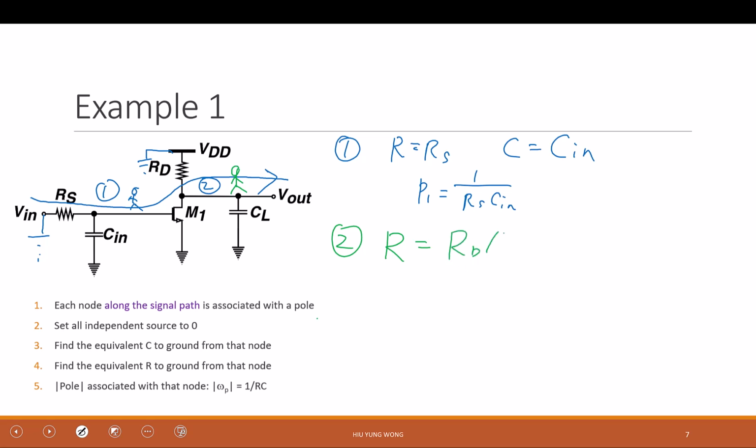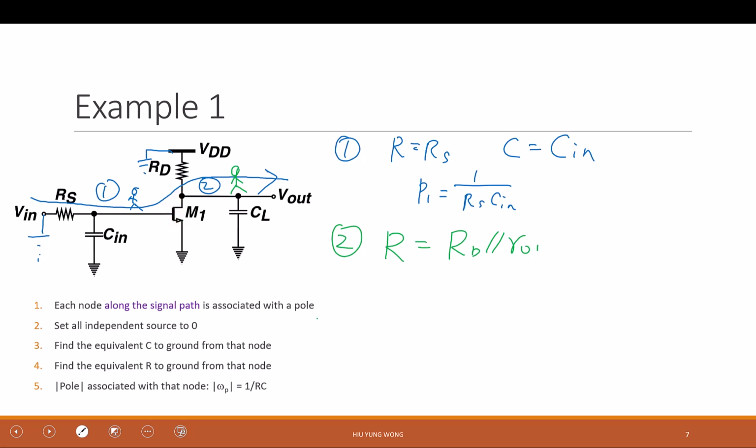It's RD parallel R01, which is correct, but I want to challenge you. Why is looking down R01? It's a parallel resistor to RD, but why is this R01 when I look into the drain? Why?